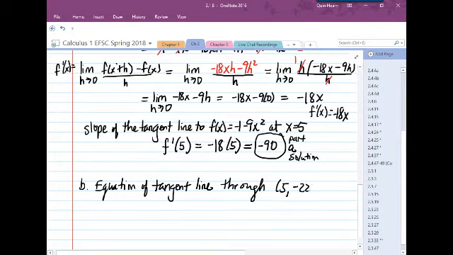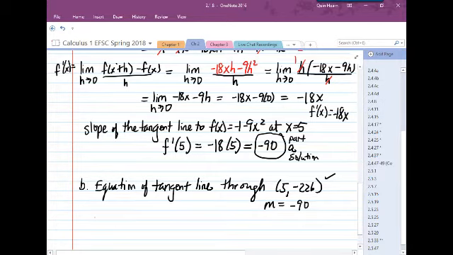All right, so when you're finding the equation of any line, you need the slope and you need a point on the graph. Some way, shape, or form, the information you have must be able to be whittled down to a slope and a point. So in this case, we have our point, right? And we just found our slope. Our slope is negative 90.